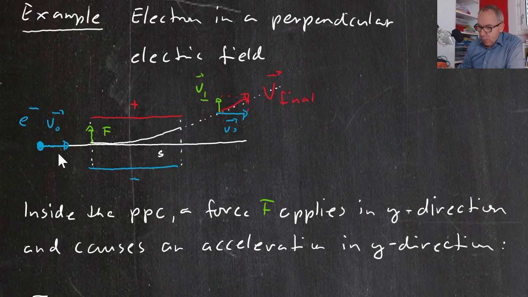Why this? Well, the initial speed v0 will be kept during this flight, therefore this deflection adds a velocity in the upward direction, but if we only look at the straight direction, the velocity will be equal, and therefore the time of flight for this path will be exactly the same as the time of flight for the path where I turn off the electric field. You will get this as an exercise.